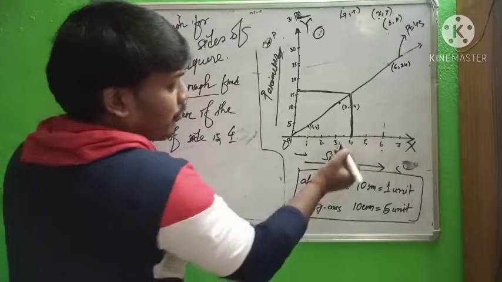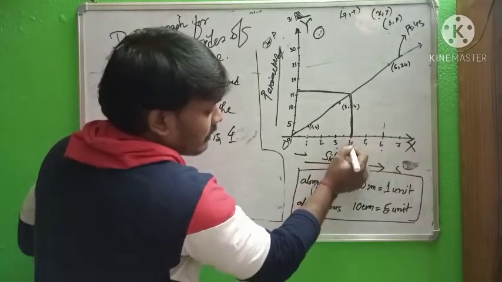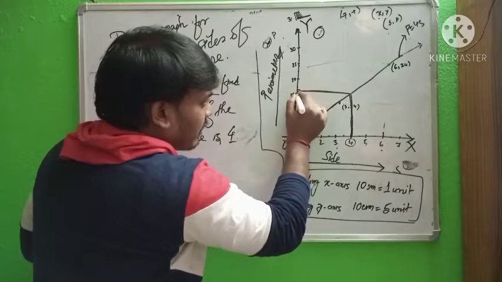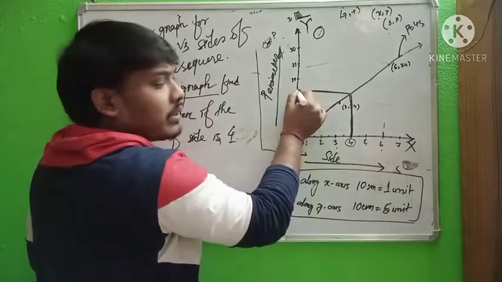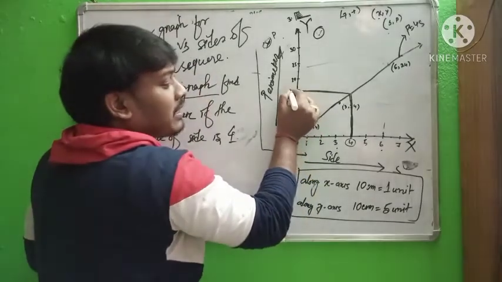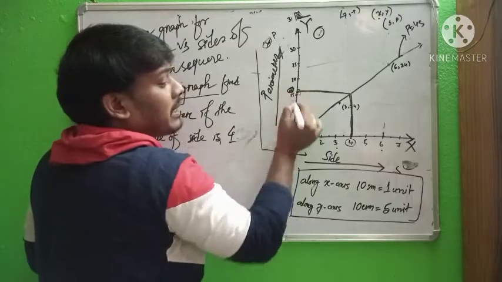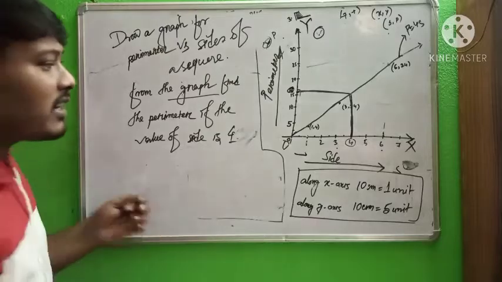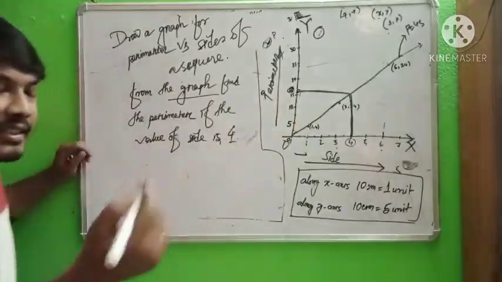So when the value of side is 4, then the value of perimeter is this one. Value of p is this one. And here it is near about 16. If your graph is absolutely correct, then the value will come 16.